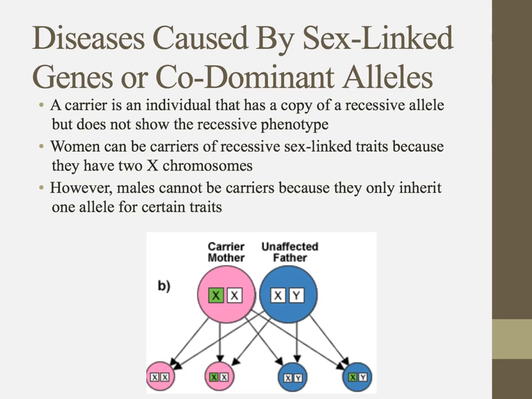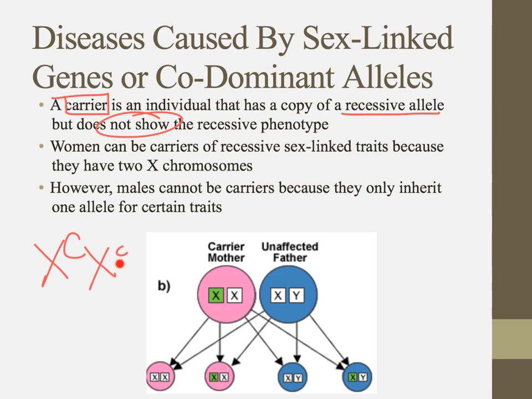So here's where things get interesting in regards to carriers. Remember, carriers have one copy of a recessive allele, but they don't show that recessive phenotype. So females can be carriers, like this female is a carrier.